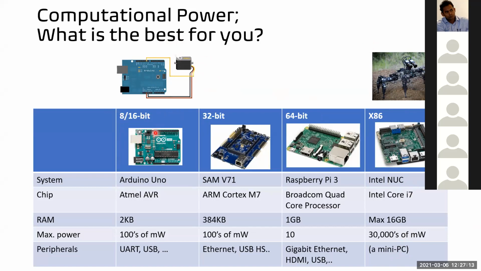So the main thing is, if you don't need computational power, you don't need to interface a big processing power unit, because it will consume lots of power, and you cannot of course run complex algorithms in smaller pieces. So first thing is, you should understand what is the best computational power for you, and according to the budget.